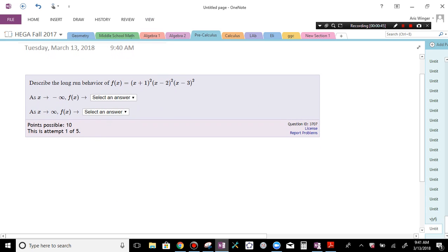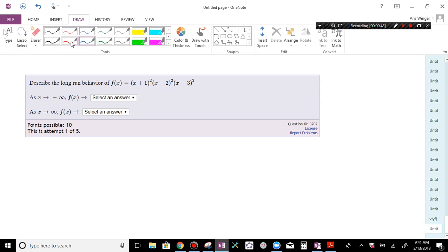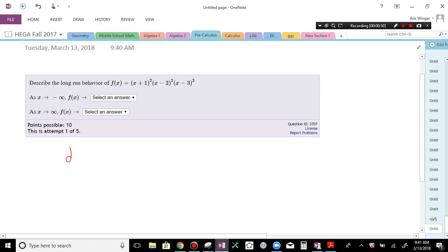And so we have the table again, right, that says that we are looking for the degree and the leading coefficient. And so just by investigating this, the degree is, in this case, just add the powers.